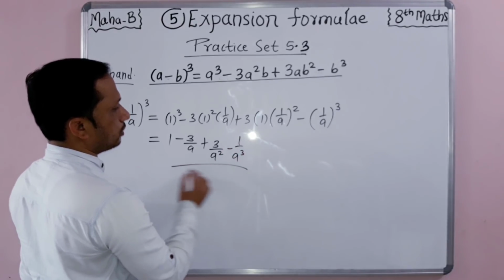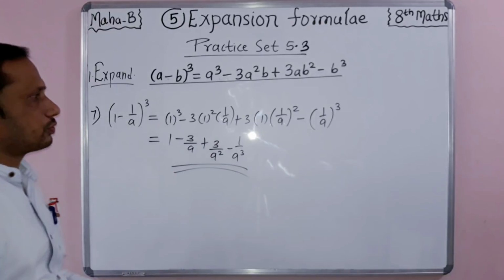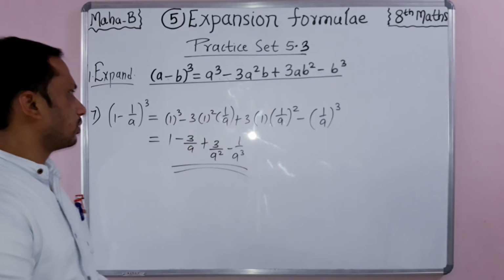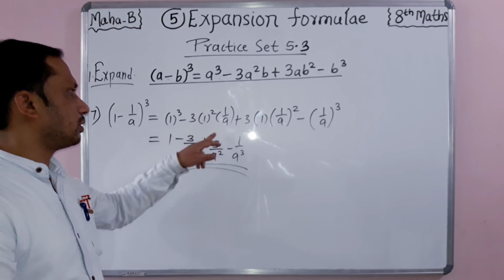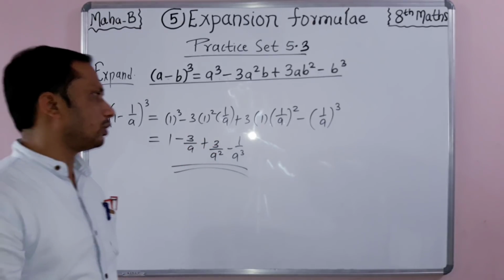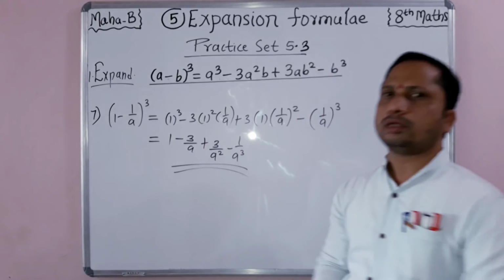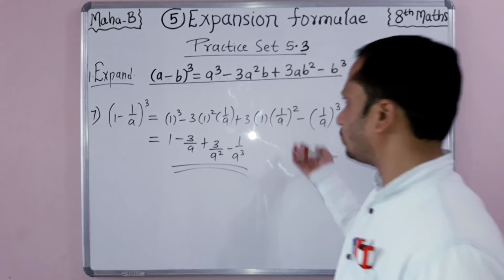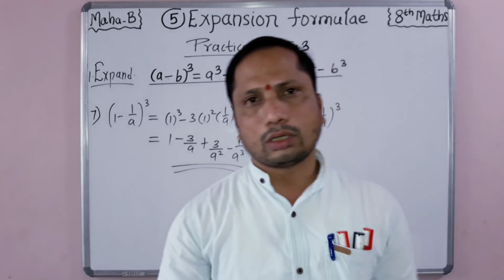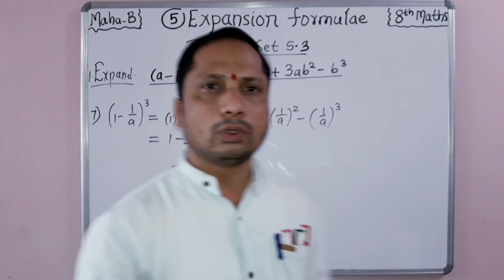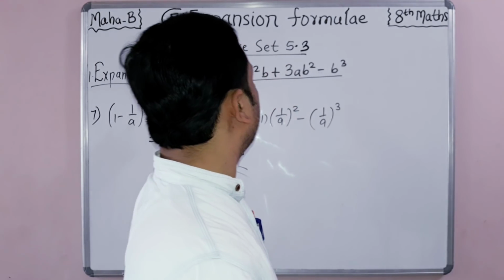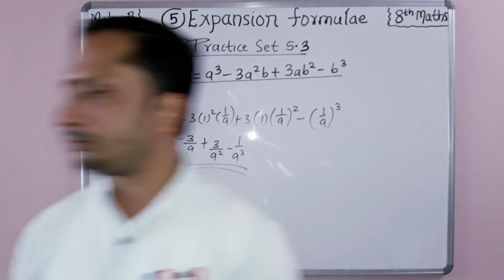So this is the solution. Do the calculation, you get 1 minus 3 upon a plus 3 upon a square minus 1 upon a cube. Very easy. If this type of problem is there, you can easily solve it with 1 or 2 steps only. And now we are going to solve the next problem of your practice set 5.3.